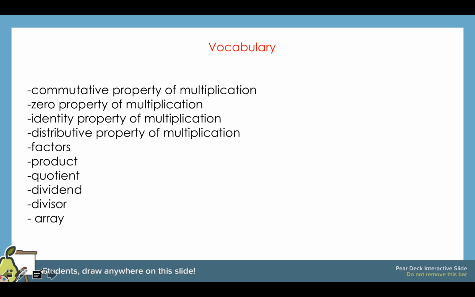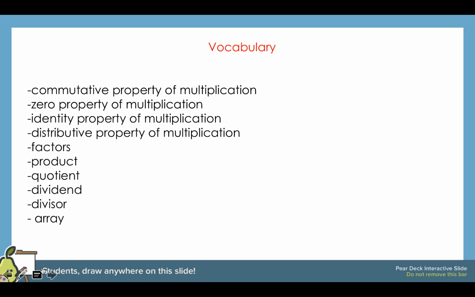The distributive property, that's when we take one of the factors, we decompose it, and then we take the other factor and we multiply it by each number that we decompose the other factor by. Also, we have the associative property of multiplication, and that's when we have 4 times 3 times 2. So we might group together the 4 times 3 and multiply that first. Or we might group the 3 times 2 and multiply that first. So that's the associative property of multiplication.